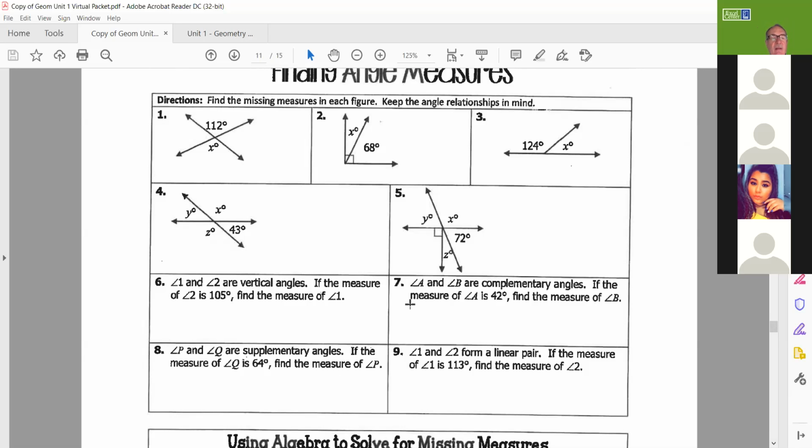When you get down here into 6 through 9, make yourself a drawing. Angle 1 and angle 2 are vertical angles. If the measure of angle 2 is 105, find the measure of angle 1. If you don't know what a vertical angle is, go back to your definitions.